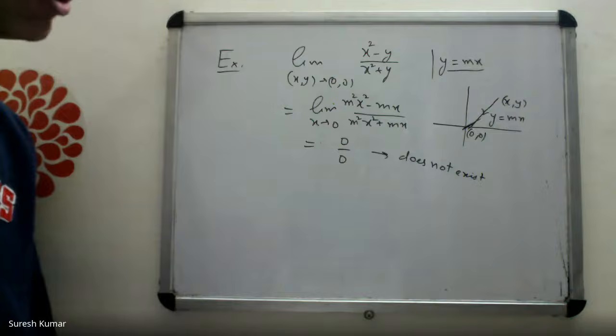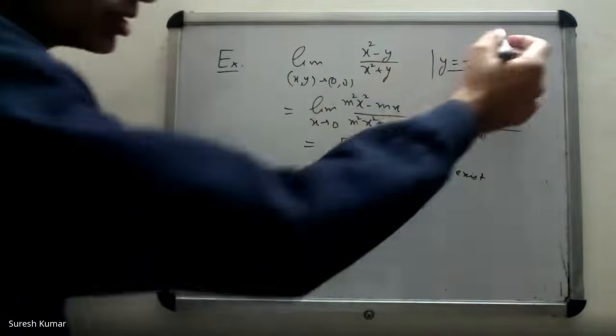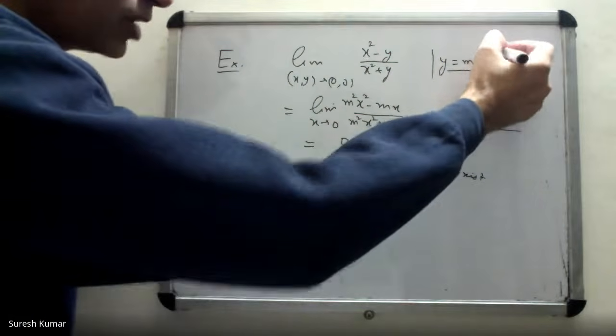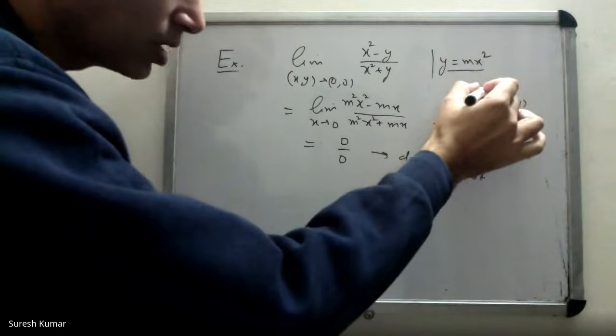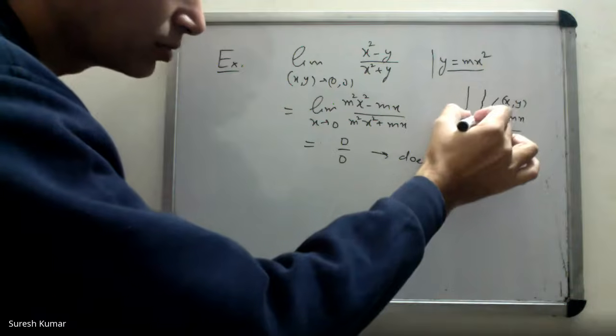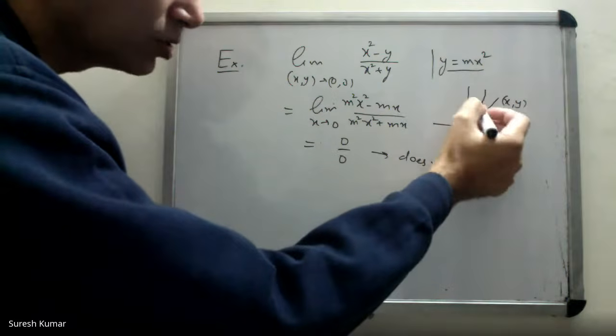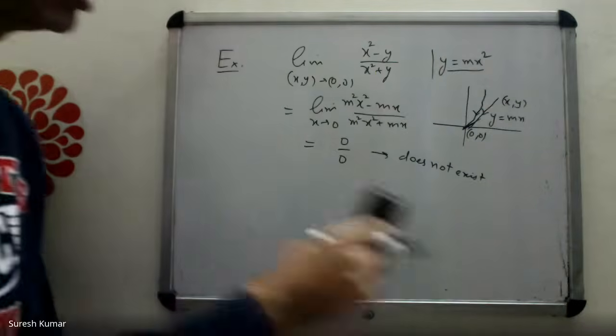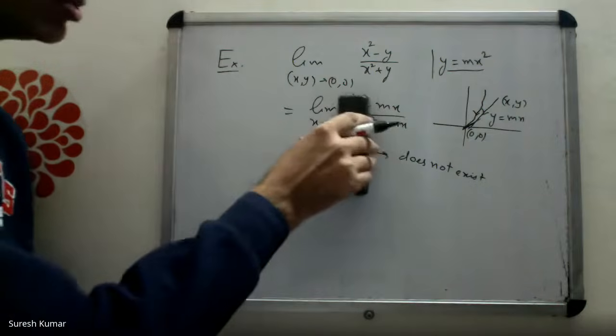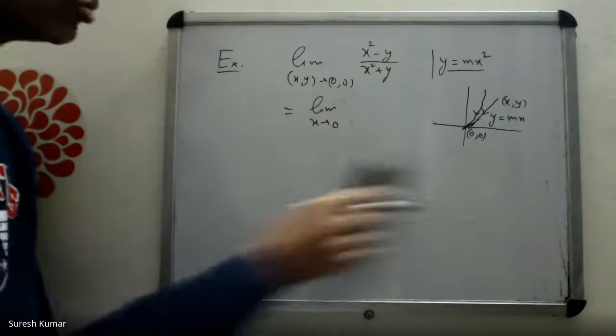So change some different path, means consider some different path. Let's choose y equal to mx square. This is a parabolic path. This is also going through the origin. So if I choose y equal to mx square, then see what do you get?